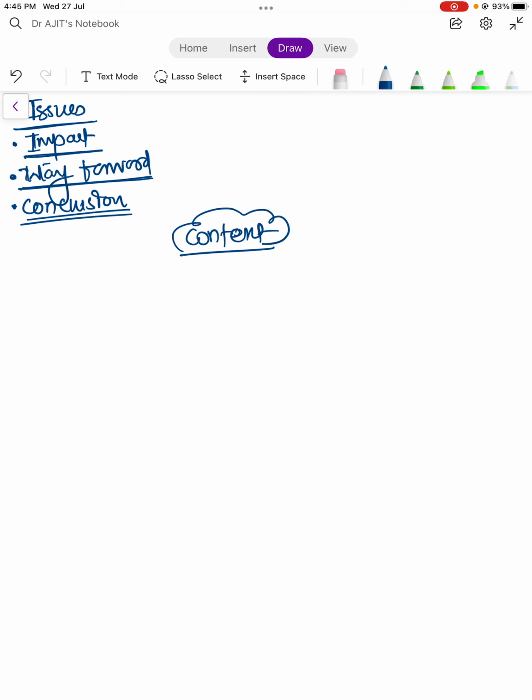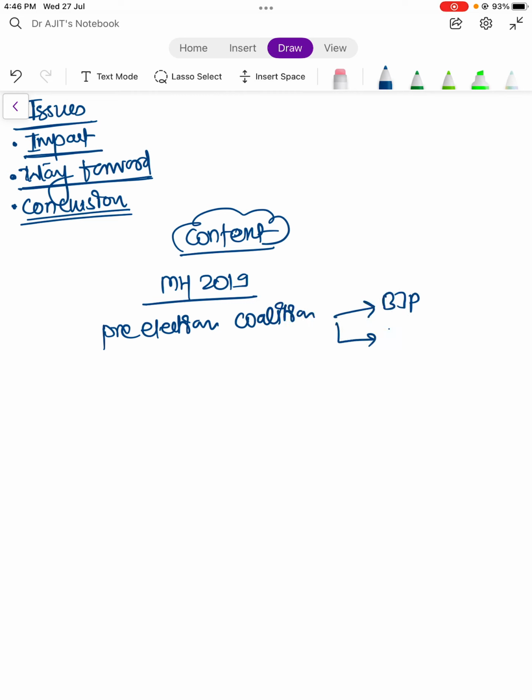So for this context we need to go back to Maharashtra during the 2019 General Assembly elections. Before the election, a pre-election coalition was formed between Shiv Sena, led by Uddhav Thackeray, and BJP, led by Devendra Fadnavis in Maharashtra.